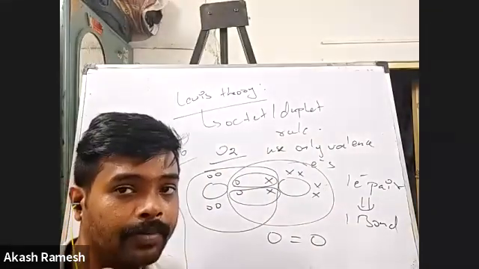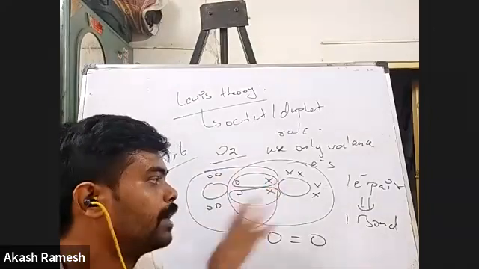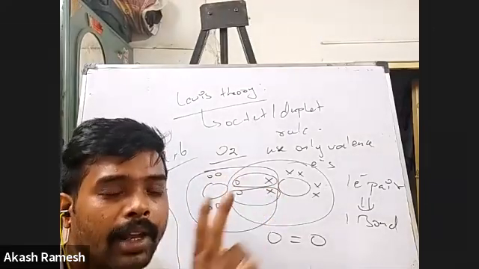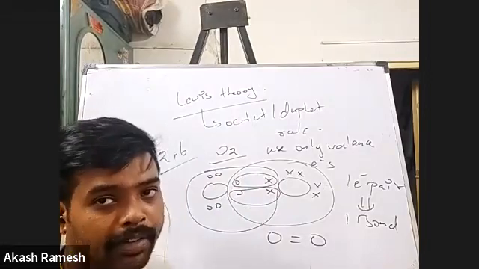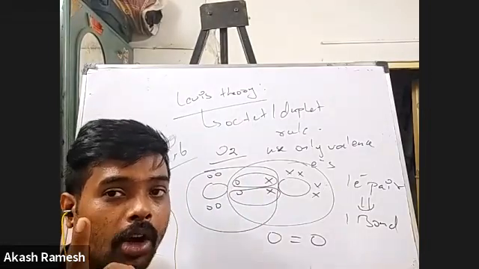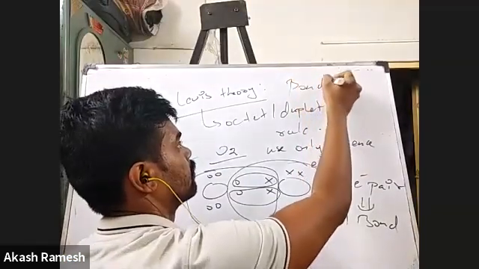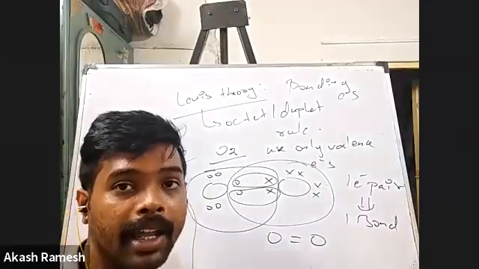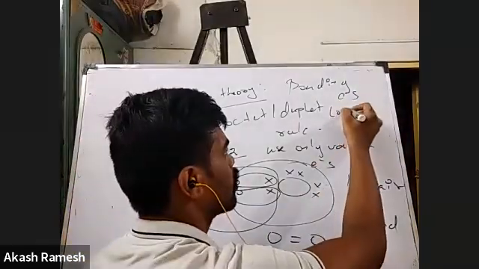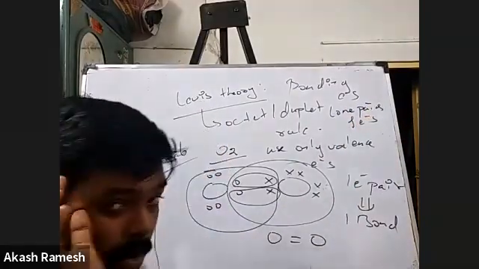In the valence shell, if I'm going to make all these bonds, there are going to be 2 types of electrons. One is what is called bonding electrons. The other is what is called lone pairs of electrons.